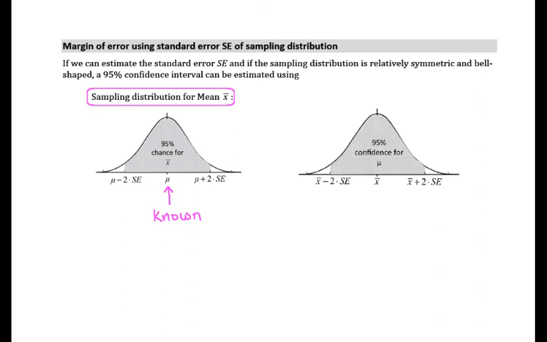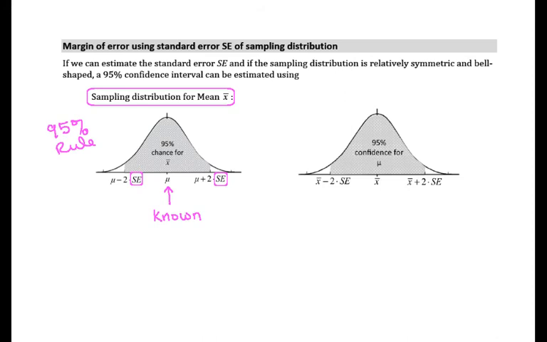Recall that the 95% rule states that 95% of the values in this distribution, if the distribution is approximately bell-shaped, sit within 2 standard deviations of the mean. Well, in this example, since we're talking about a sampling distribution, the standard error is the same thing as the standard deviation of this distribution.